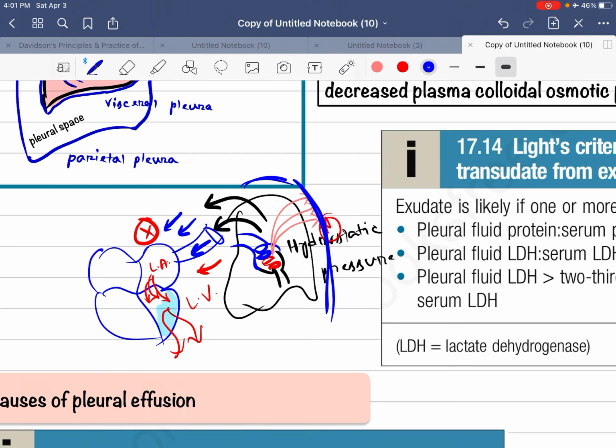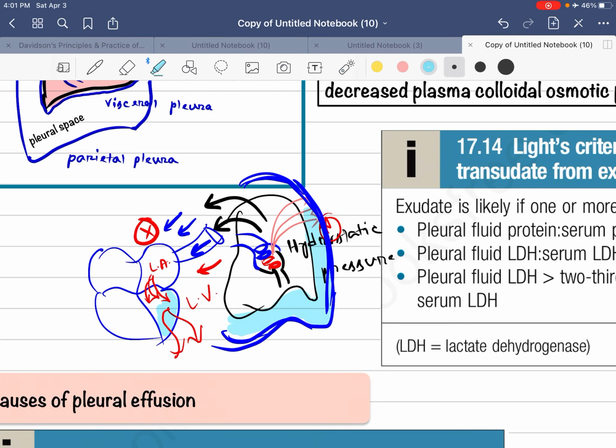So all of the transudative fluid will get accumulated in this pleural space. By this mechanism, increased hydrostatic pressure leads to the development of pleural effusion. Okay, so I have described one mechanism here, that means increased hydrostatic pressure due to heart failure.